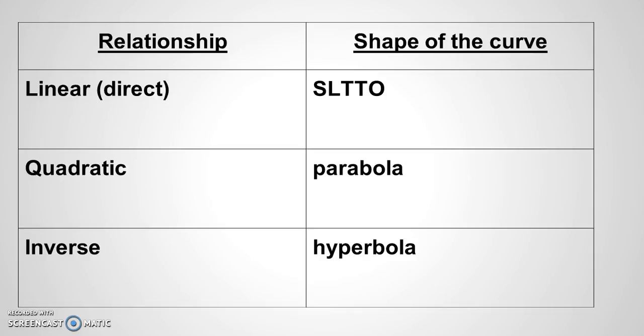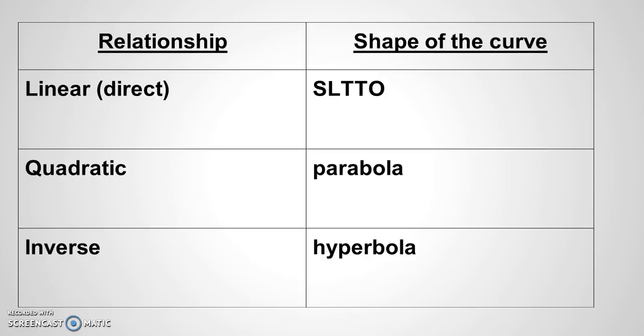So the three significant relationships are linear, quadratic, and inverse. Linear is the straight line through the origin, quadratic shows the parabolic curve, and the inverse shows the hyperbolic or hyperbola.